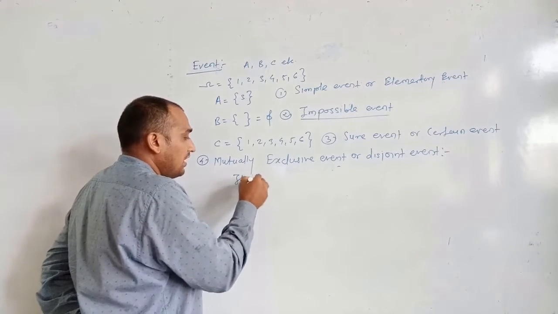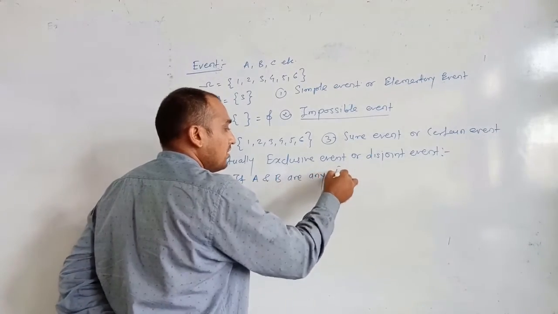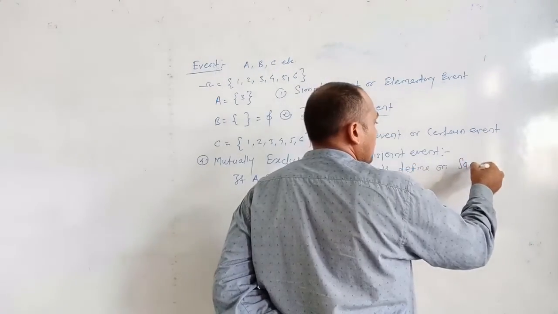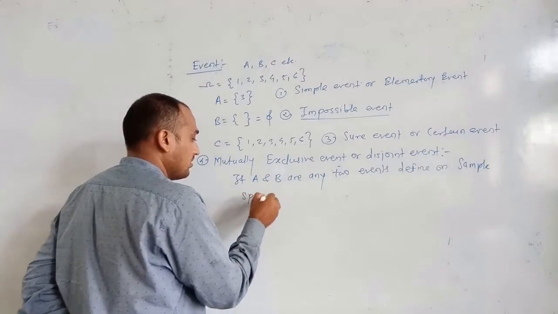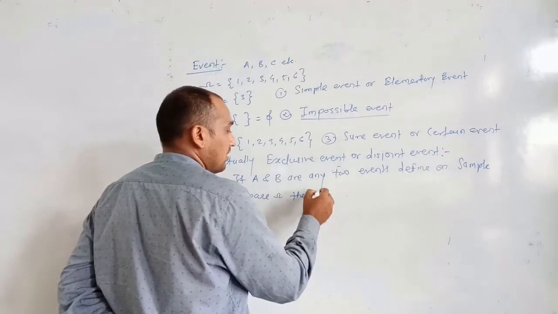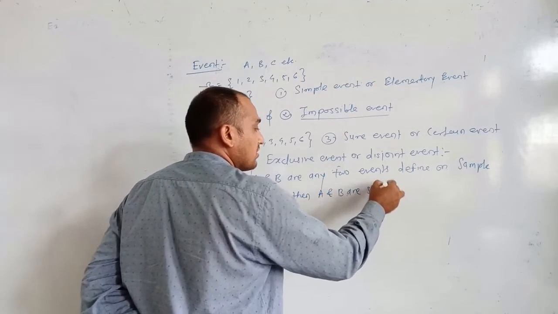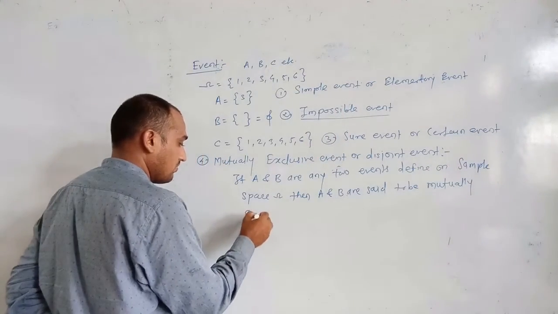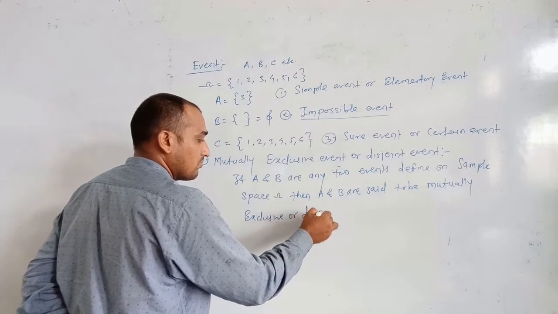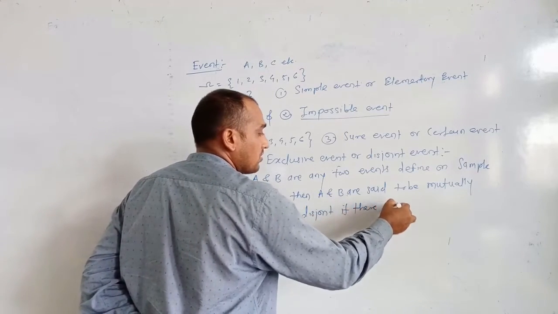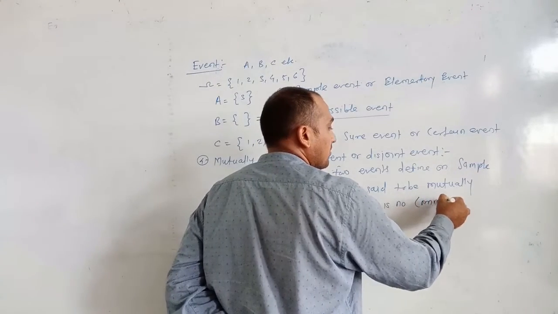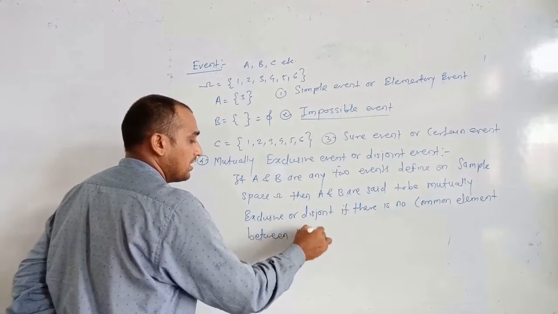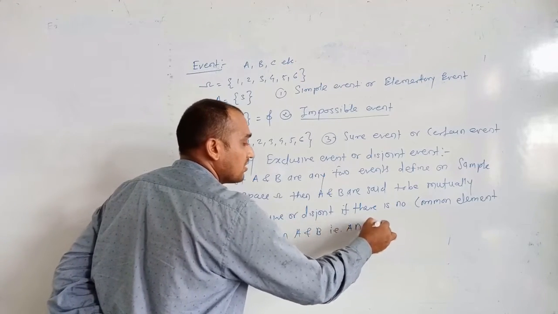If A and B are any two events defined on sample space omega, then A and B are said to be mutually exclusive or disjoint if there is no common element between A and B, that is A intersection B is phi.